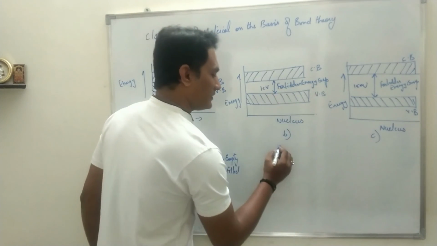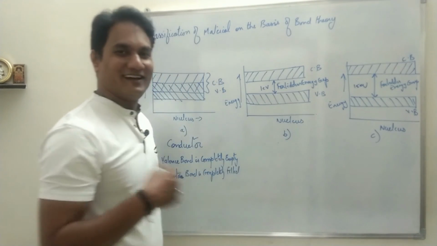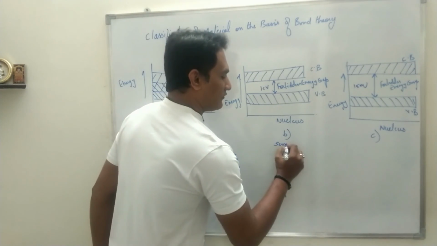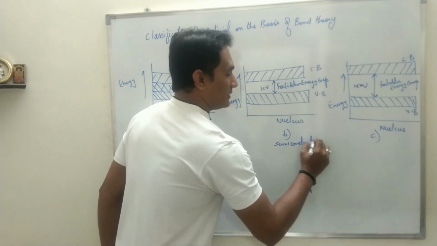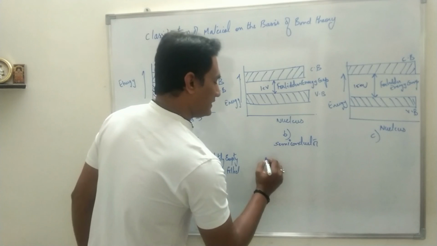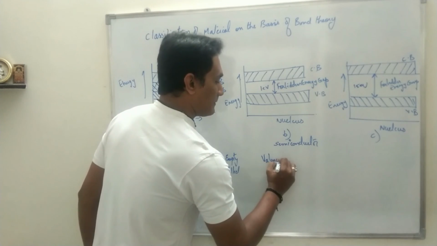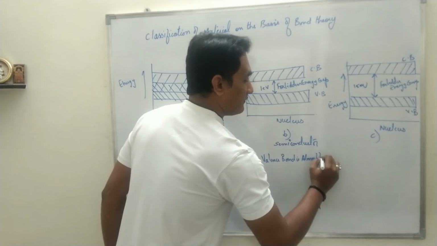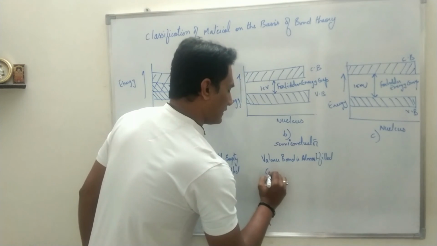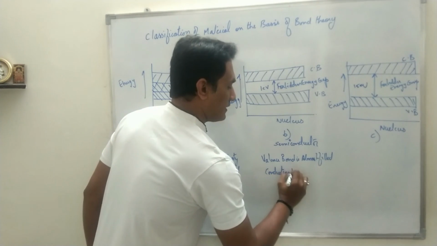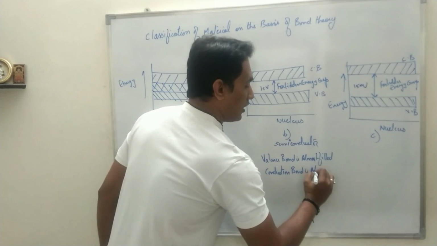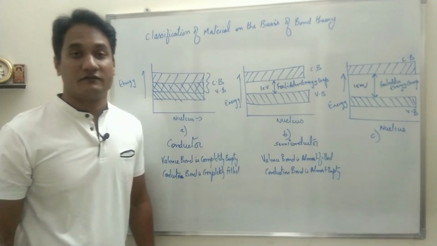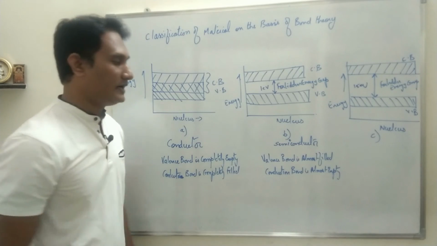So the second diagram is for a semiconductor, and in a semiconductor we say valence band is almost filled, conduction band is almost empty. Okay, so that is the specification with respect to electrons in valence and conduction band for a semiconductor.